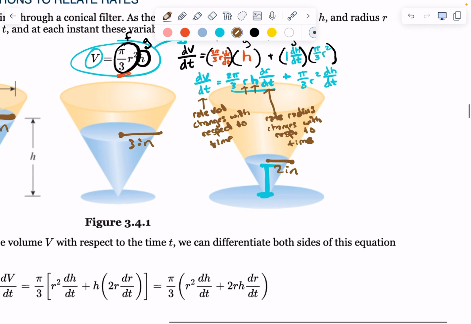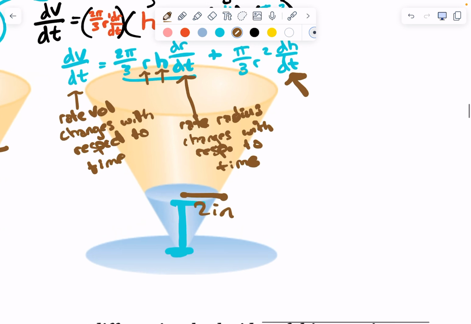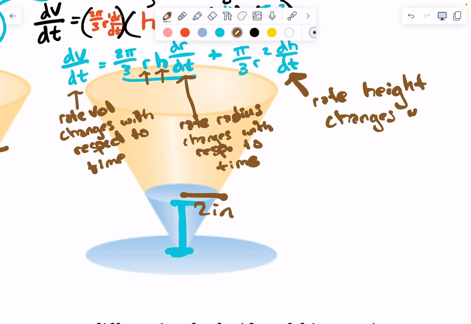Okay, what about dh/dt? What does that mean? Height. That's the rate that the height of this water changes with respect to time. Is the height changing at the same rate? I feel like it's getting faster.